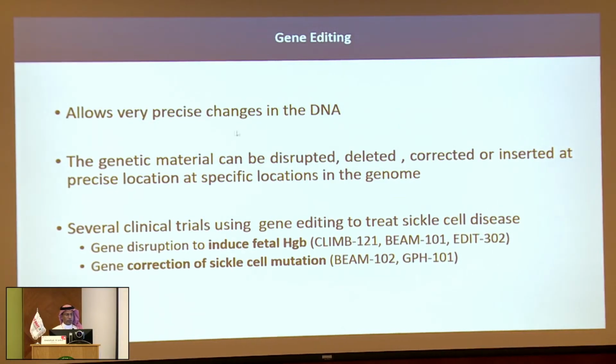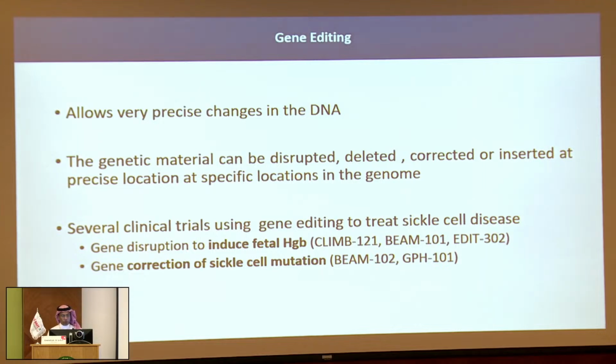The idea of gene editing is to allow very precise changes in the DNA. The genetic material can be either disrupted, deleted, corrected, or inserted at a precise, specific location in the genome. There are several clinical trials utilizing gene editing.